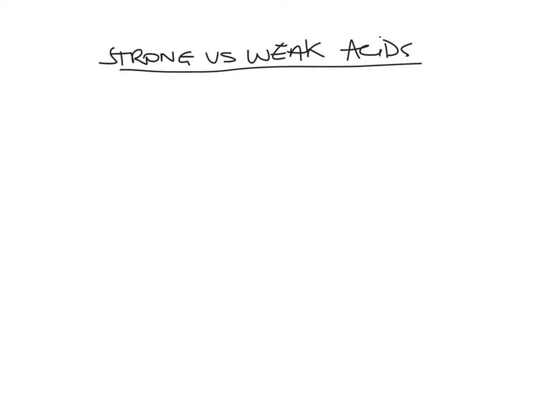So there are 6 strong acids in total: hydrochloric, hydrobromic, hydroiodic, nitric, sulfuric, and perchloric acid. When you have a beaker of these acids, you don't actually have any molecules of the acid because strong acids ionize 100%.